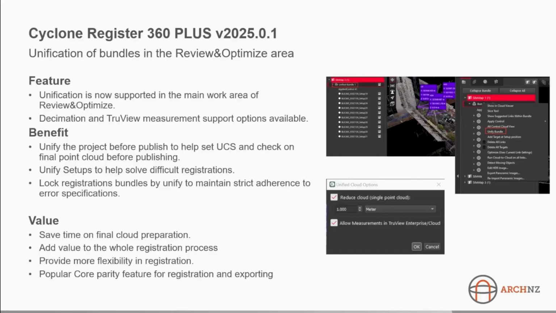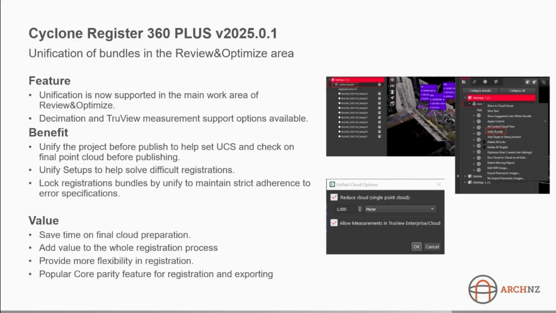Another nice new feature in Register 360 Plus, which is another step towards parity with the old Cyclone Core for our long-time users out there, is the ability to unify bundles all within the main review and optimize area within Register 360. In the past, you've only been able to unify the dataset at publishing.